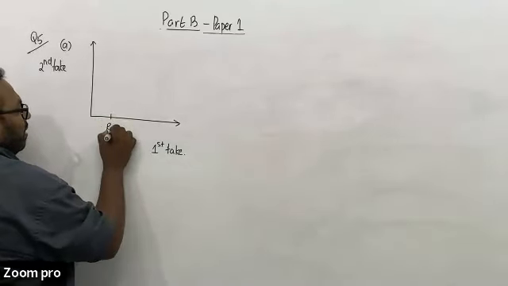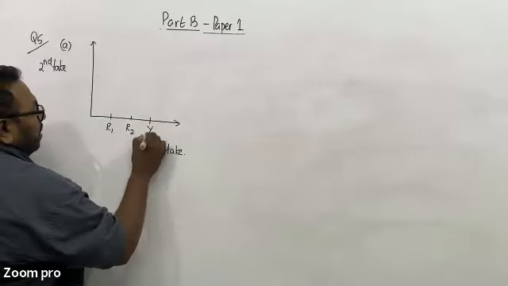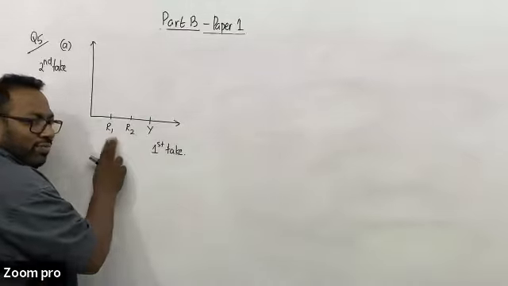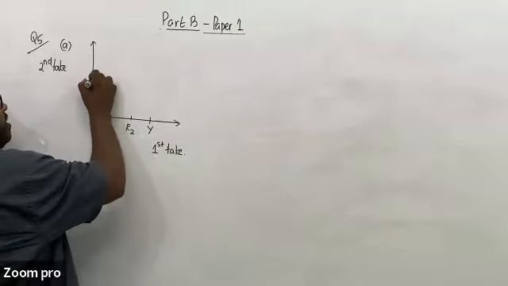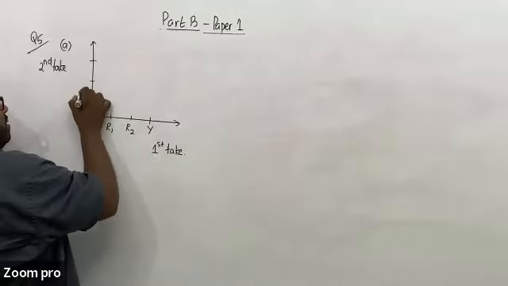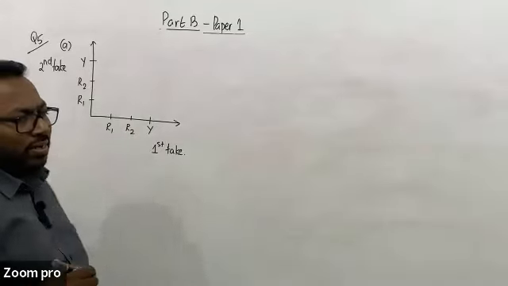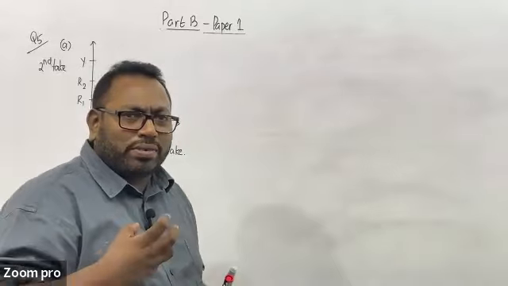So red 1, red 2 and yellow. Since there are 2 reds, we are giving it 1 and 2. Likewise, for the second take also you will have the same beads. R1, R2 and Y.